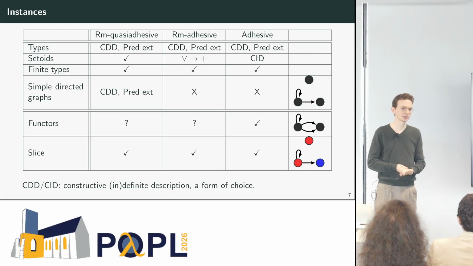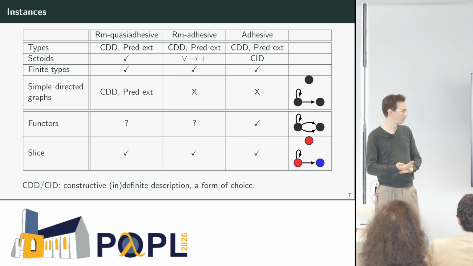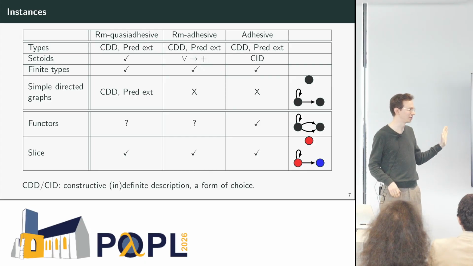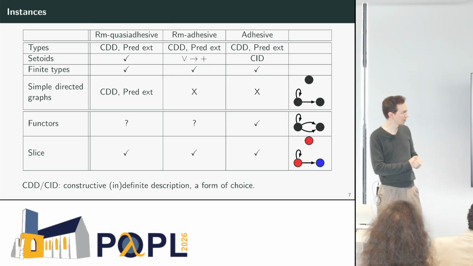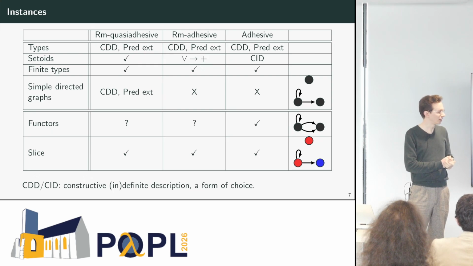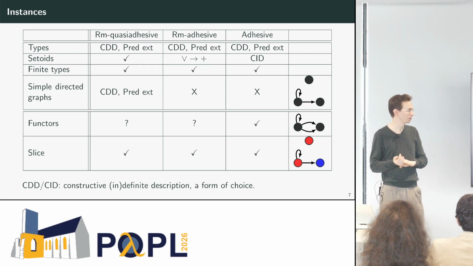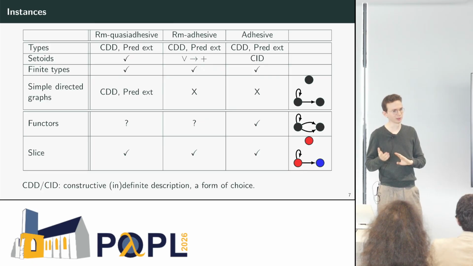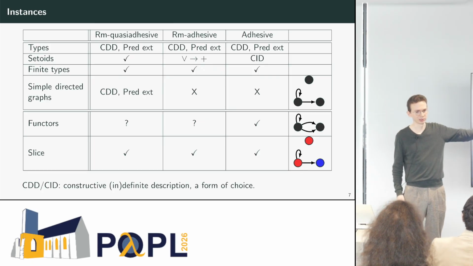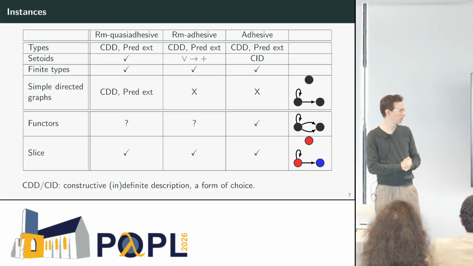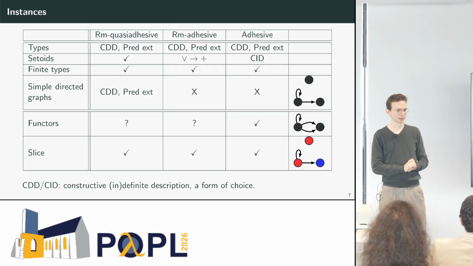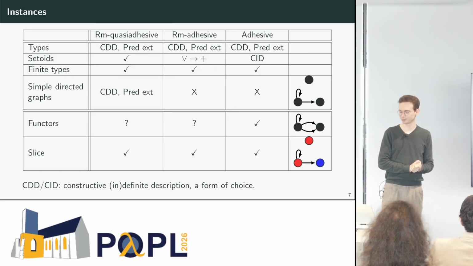But the important part is that since it is proven in the adhesive case, we can have categories of presheaves, which are functors from category C to the category of sets. We can use types, for example, which gives us the fact that any category of presheaves is adhesive. You can do a lot of things with presheaves: for example, directed multigraphs, undirected multigraphs, or hypergraphs can all be defined as categories of presheaves.